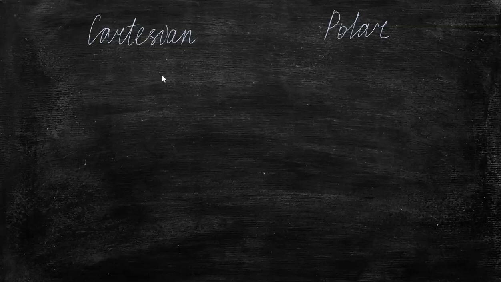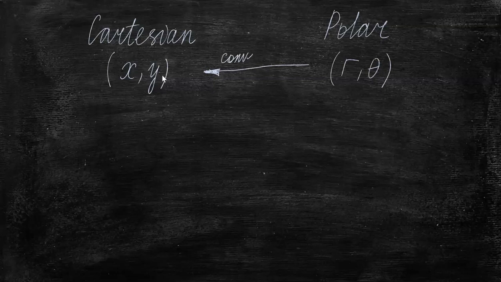In other words, if we have a point for which the x and y coordinates are given, how do we produce the polar coordinates, and vice versa? If you have the polar coordinates of a point, how do you produce the x and y coordinates? So let's start with this one, and let's talk about the conversion.